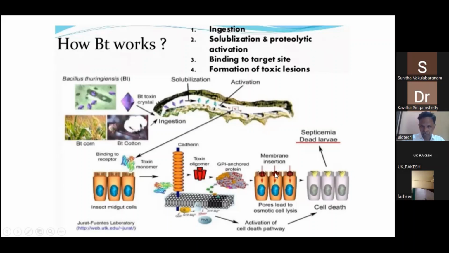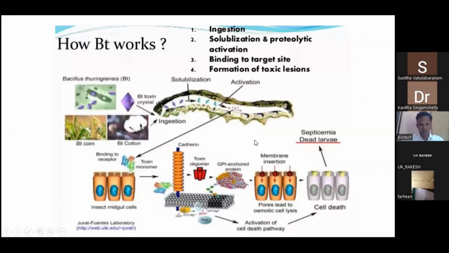This is the membrane. They get inserted here, and when they get inserted here, the larva dies. This is the procedure, what happens. Each toxin has a receptor, and a toxin binds to the receptor, and as a result, this larva dies.